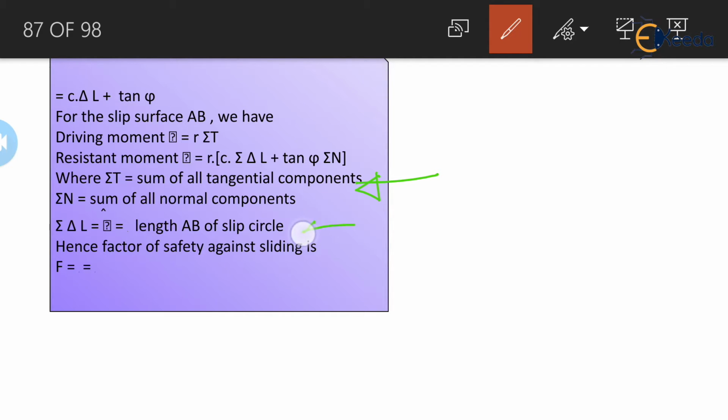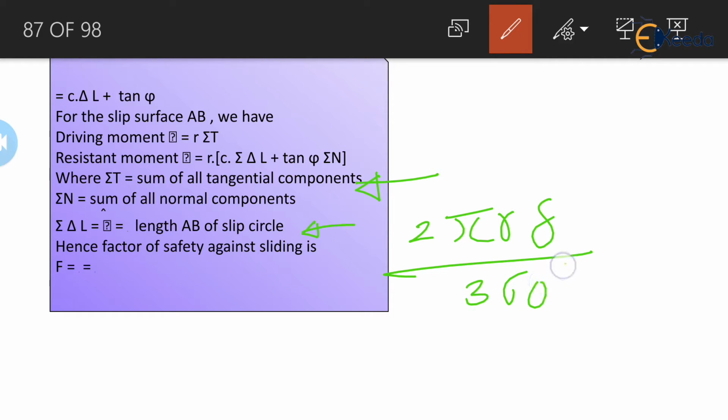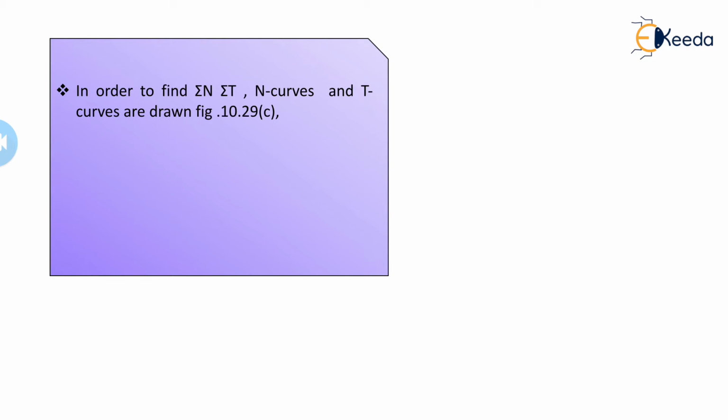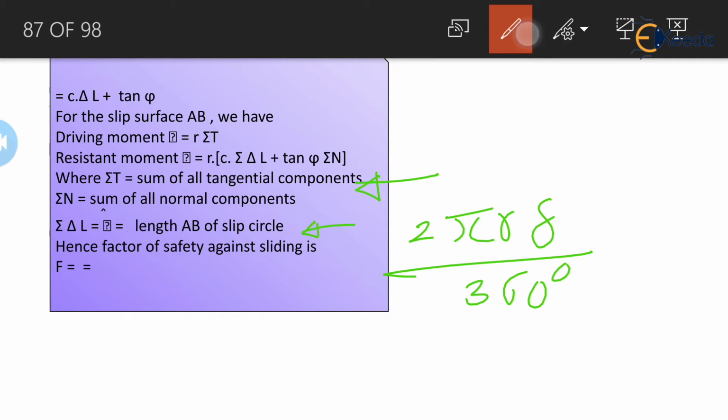It can be found using the equation 2 pi R delta R upon 360, because it's a curved section. The factor of safety can be found by using that equation: the factor of safety is equal to MR upon MD, the resisting moment divided by the driving moment.